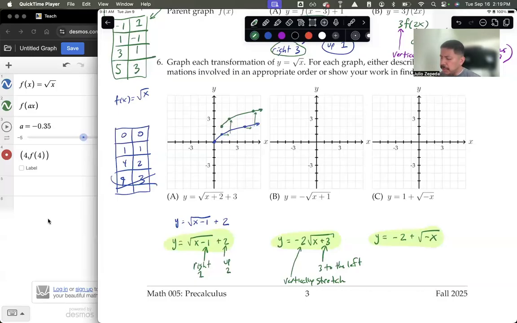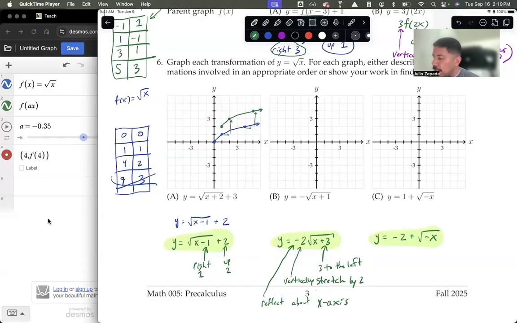We could also take a look at the table, but I want to show how quick this can be done, and maybe I'll do the table afterwards. So vertically stretch by a factor of 2. All the y values are just going to be twice as large. And then finally the negative is going to reflect about the x-axis.